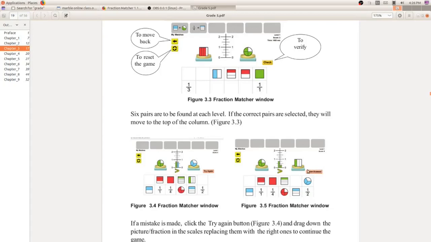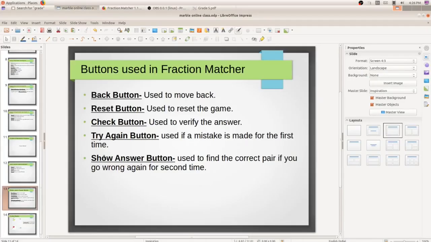Okay, so I hope all are clear about these buttons. It is shown here, the show answer button. What is its use? It is used to find the correct pair if you go wrong again for the second time.